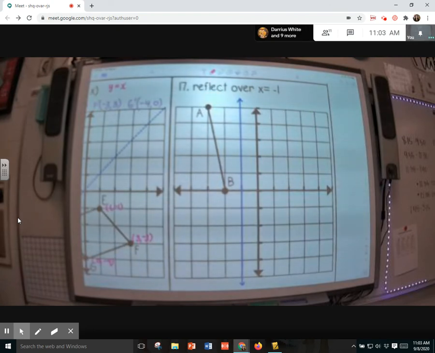So here's my A prime, and that is at 1, 5. And then B is 1 to the left. For B prime, I go 1 to the right.